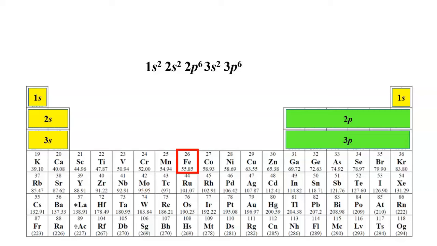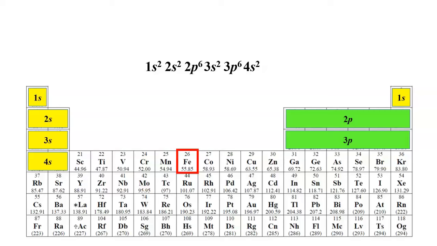After that, we move on to the fourth period. But there's something interesting that happens that you have to remember about that middle section of the fourth period. So the first part would be 4s2, but now it's actually 3d when we're in the middle section of the periodic table from groups 3 to 12. The d is going to be accompanied by an energy level that's actually one level less than the particular row you're in.